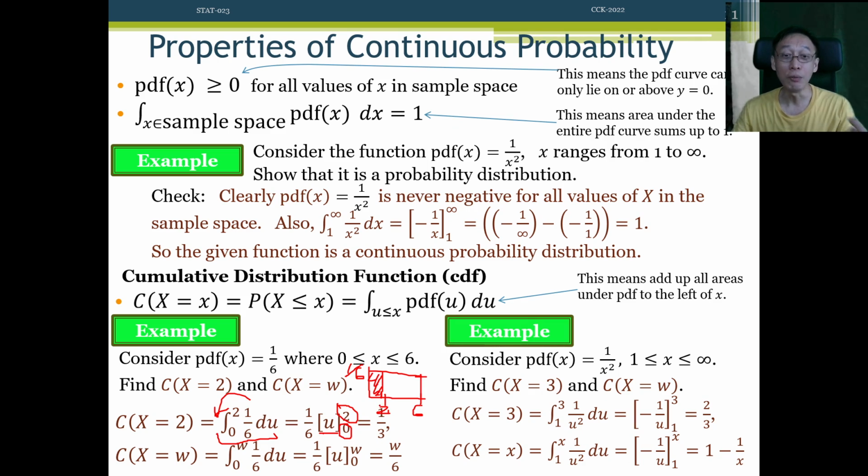Now you might again recall that the area under the PDF, this horizontal line, is a very recognizable shape like a rectangle here, so it is certainly possible to use our height times width formula. The height is 1 over 6 and the width is 2 units, and straight away we get 1 over 3.